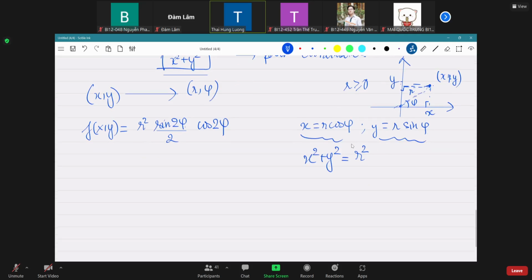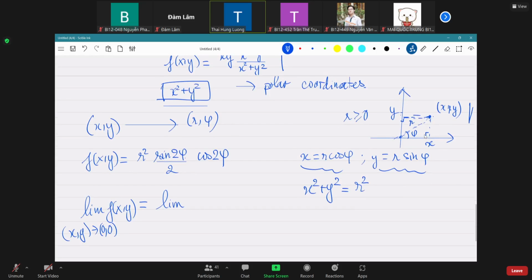Now the limit of the function f(x, y) when (x, y) tends to (0, 0). When a point (x, y) tends to the origin, the distance between this point and the origin becomes 0, so it is equivalent to r tending to 0. More precisely, since r is always non-negative, this should be r tending to 0 plus.